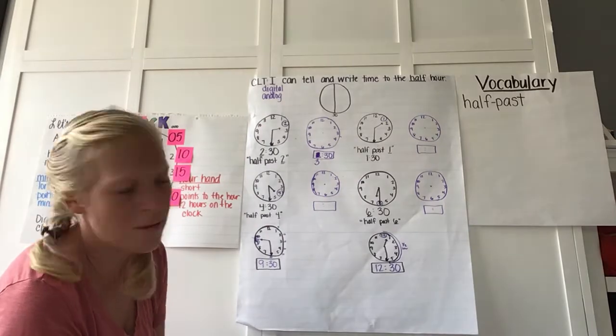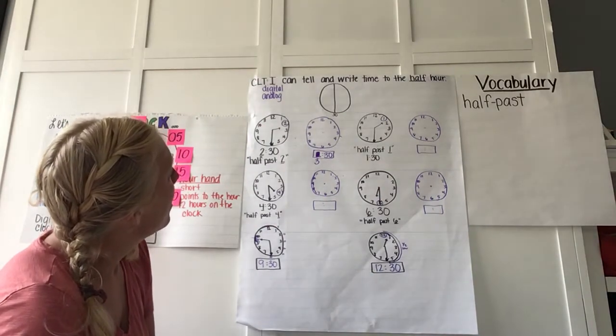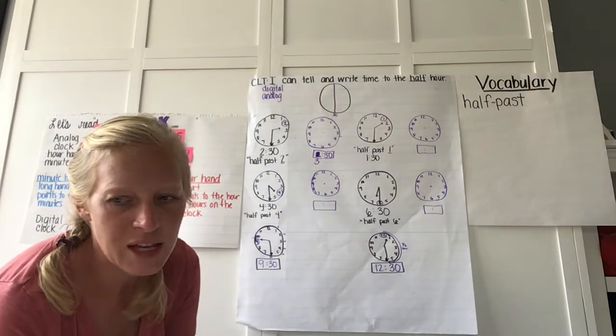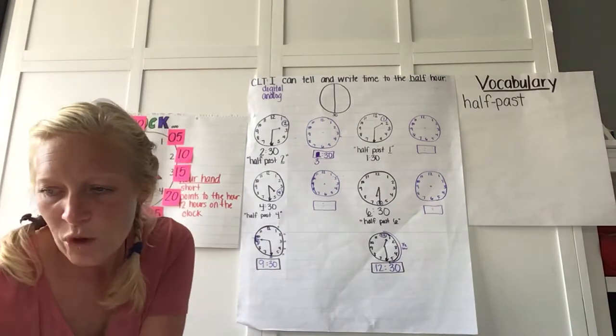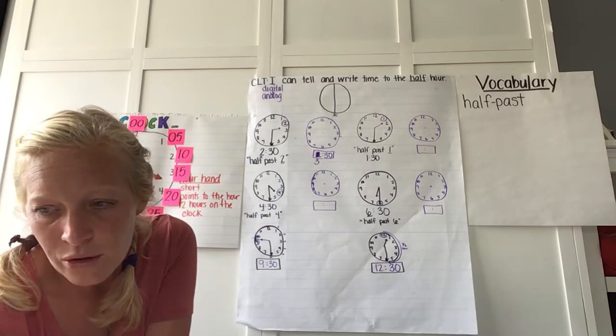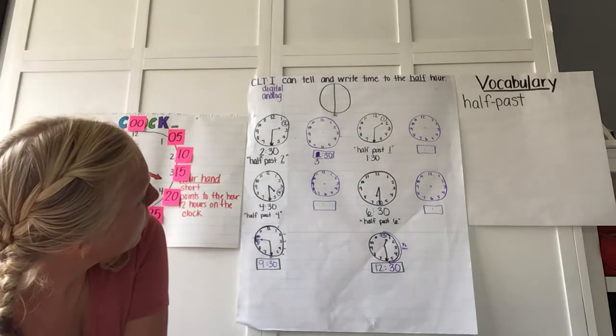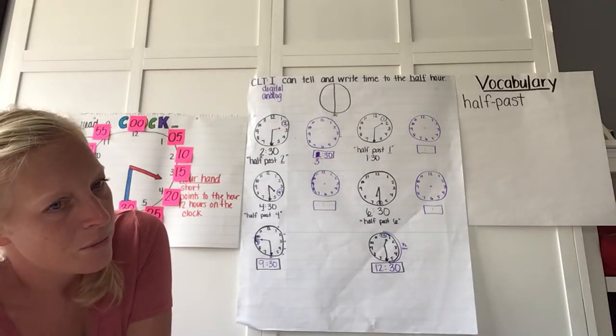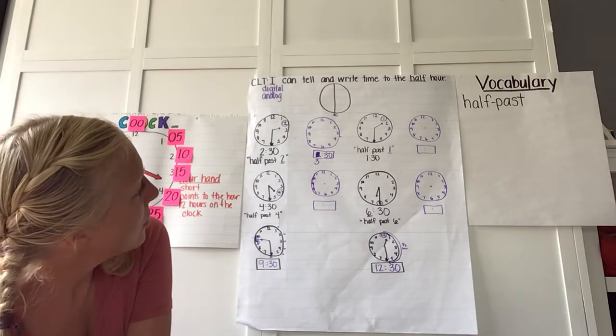Ms. Baker changed her mind last minute. Where would that hour hand go? Where would that minute hand go? I'm watching you move those hands. Which one of those is your hour hand? So where's it going to point to? And where's your minute hand going to go? Where's it going to point to?